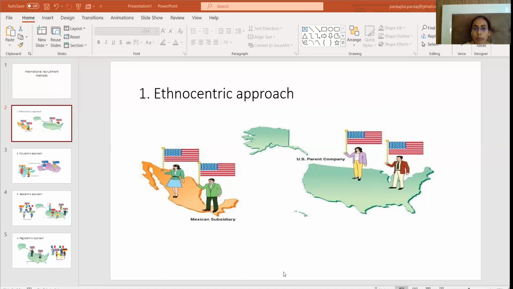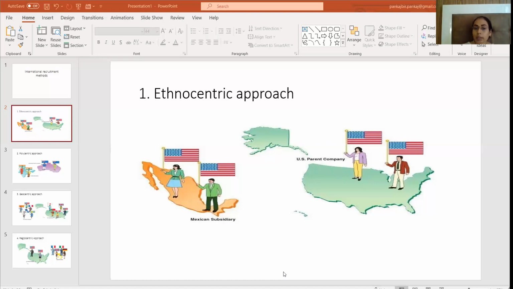The recruitment process in this method involves four stages. First is self selection, second is creating a candidate pool, third is technical skill assessment, and fourth is making a mutual decision. Self selection involves the decision making by employees about their future course of action in the company for international operations.